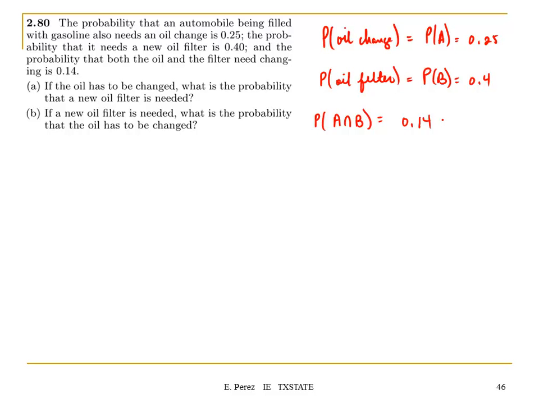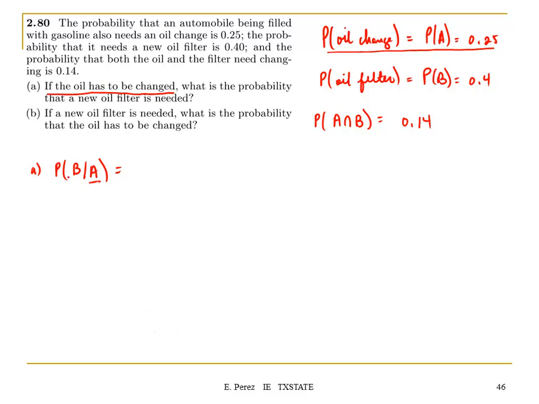So the first one, again, this is given. We know that the oil has to be changed. And we want to find what is the probability that we need also a new oil filter. So that is the probability of B given A, right? Because A is given.